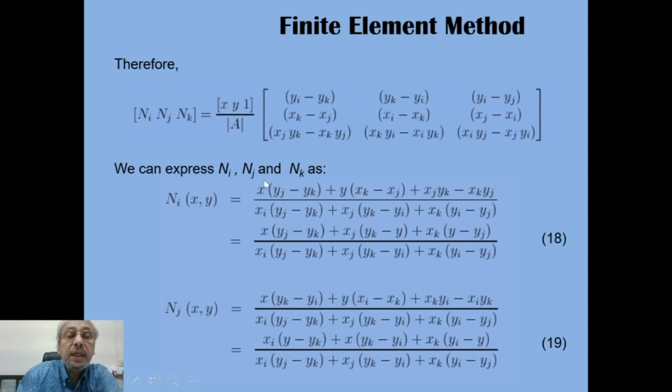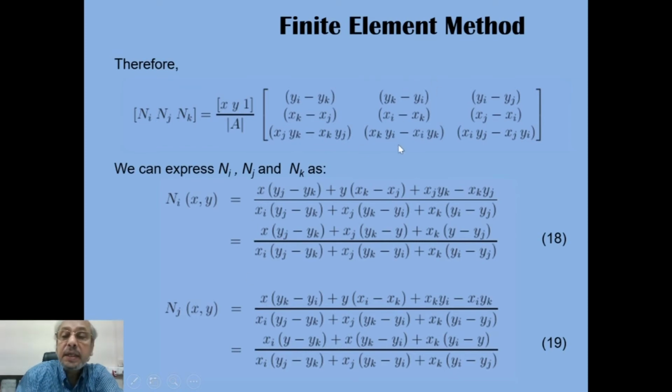Then obviously, Ni will be the term found out if we multiply this row versus the first column by the determinant.